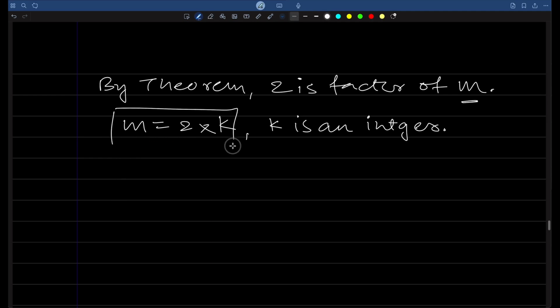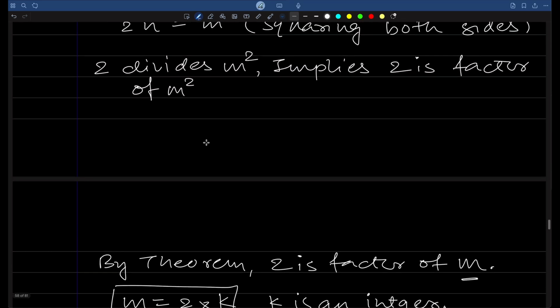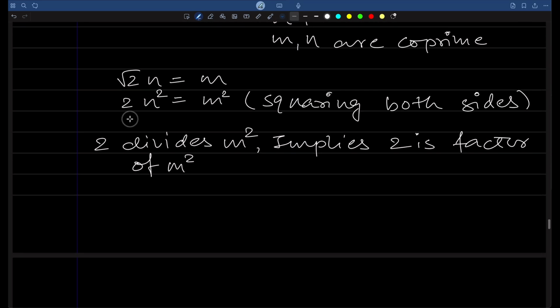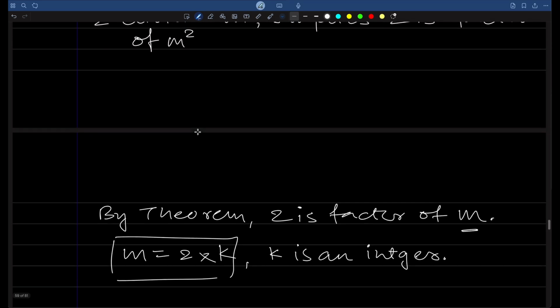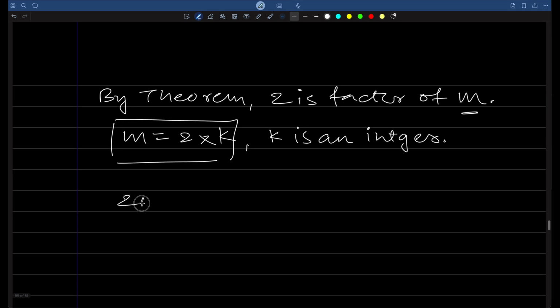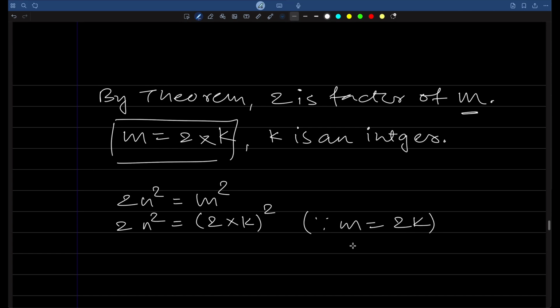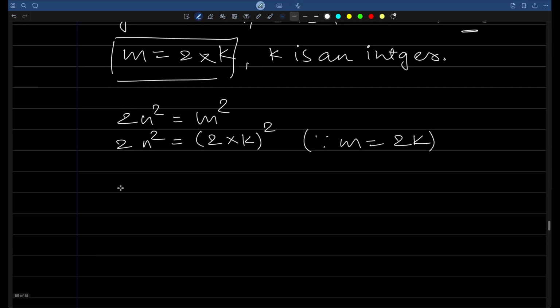If we put m equals 2k in the last equation, 2n square equals m square, we have 2n square equals 2k whole square, because m equals 2k. So 2n square equals 4k square.